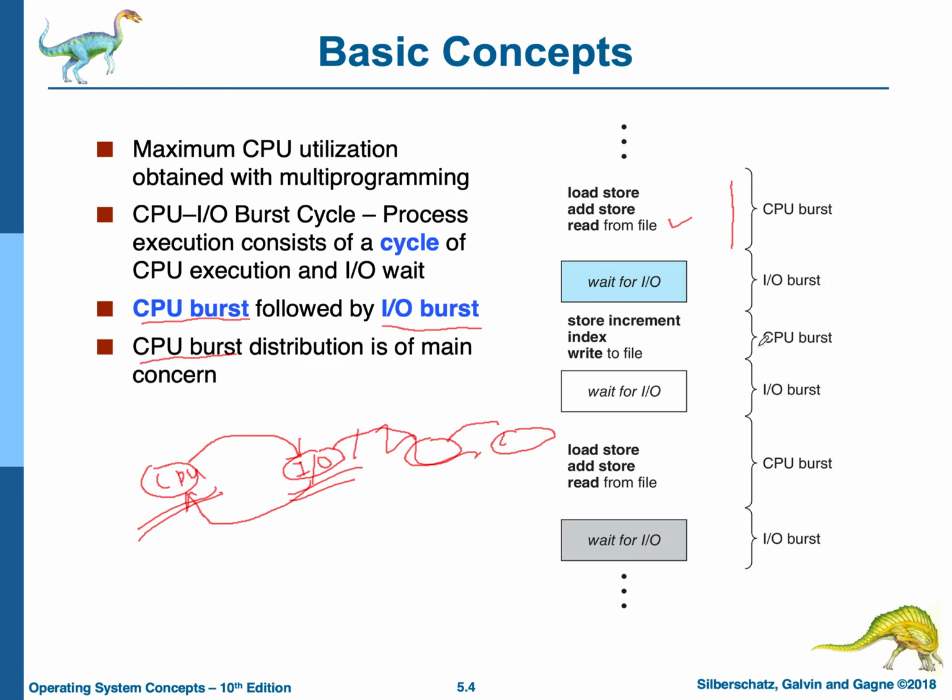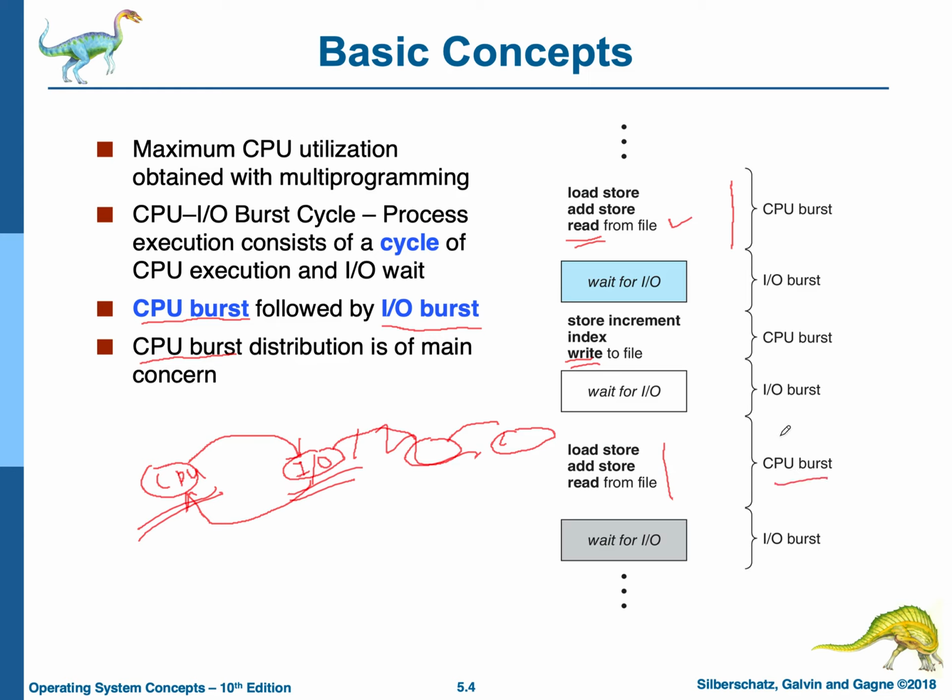And again we have CPU burst where we store, increment index, write to file. So here we are reading, and here we are writing, and again we are waiting for IO burst, and then we are loading some data to read from the file. And this is also a CPU burst where some work has been done.